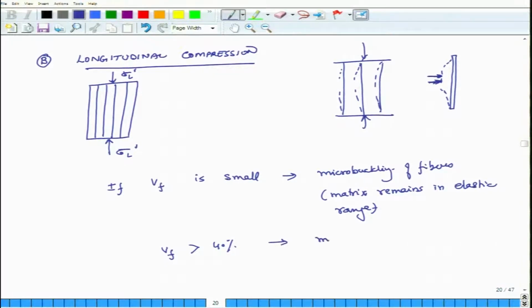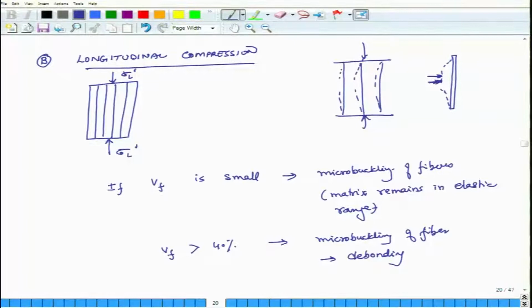Then of course micro buckling of fiber will happen, but simultaneously there can be debonding, which means that the bond between the matrix and fibers can get removed, and there may be large forces being exerted by the fiber on the matrix.